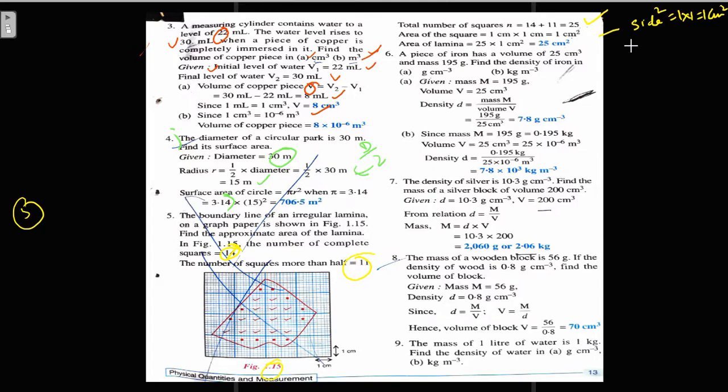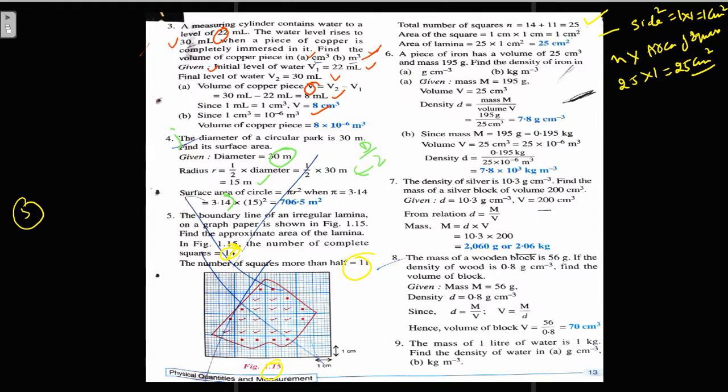So the area of lamina would be n into the area of one square. N is 25 into 1 equal to 25 centimeter square. Area is in centimeter or meter square, so we will write like this.